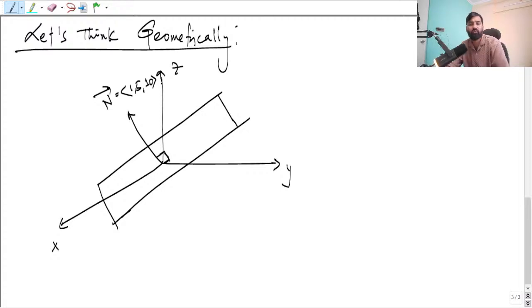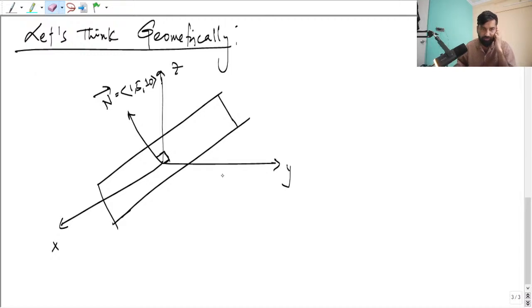So what they are saying is, we want to think of a plane that's perpendicular to this normal vector. So let's say one point is there. Let me take one point on the plane. Since this vector is perpendicular to the plane, let me take one point P here on the plane itself.